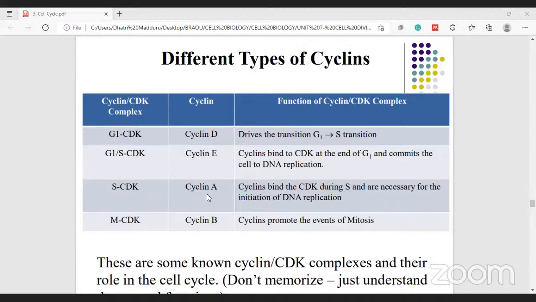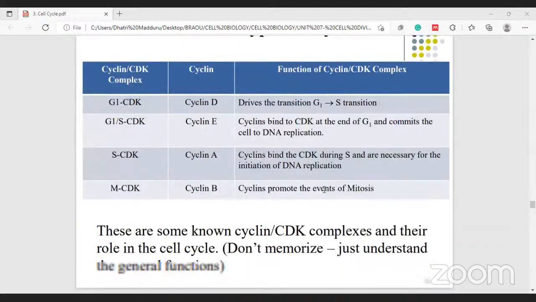Then in S phase, cyclin A checks whether the DNA replication is properly done and it is necessary for initiation of DNA replication. Then M CDK, where cyclin B promotes the events of mitosis.